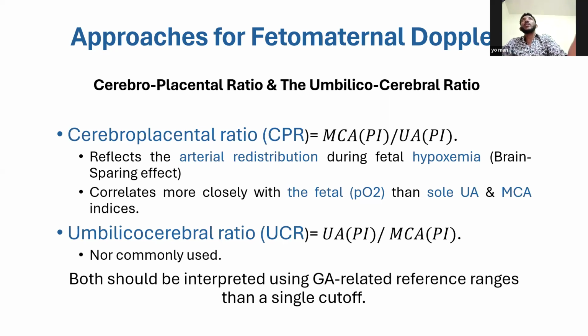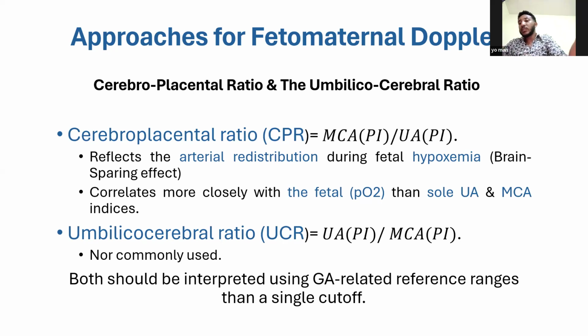It reflects the arterial redistribution during fetal hypoxemia, especially when we deal with the brain sparing effect or asymmetric IUGR. The cerebroplacental ratio is the most important, and research suggests that it correlates more closely with fetal acidemia and fetal partial pressure of oxygen than the sole umbilical artery and MCA indexes.